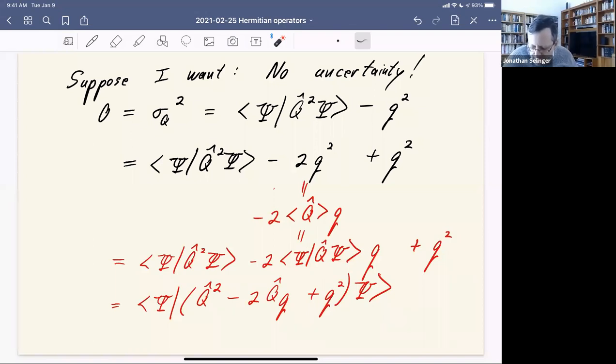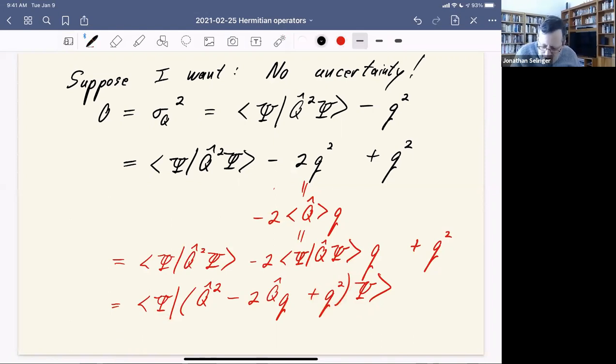The third term is q squared times the inner product of psi with itself, which is 1 for a normalized wave function. Okay. So, you sort of believe this? All right, I can keep going.